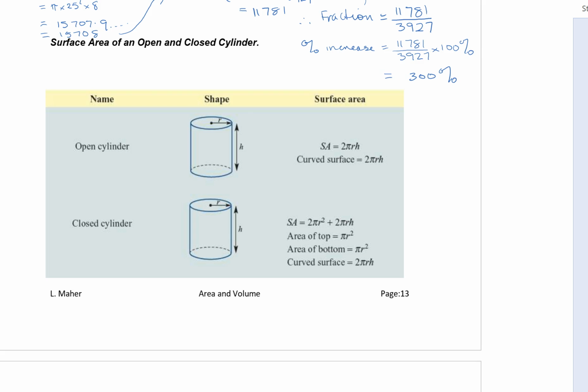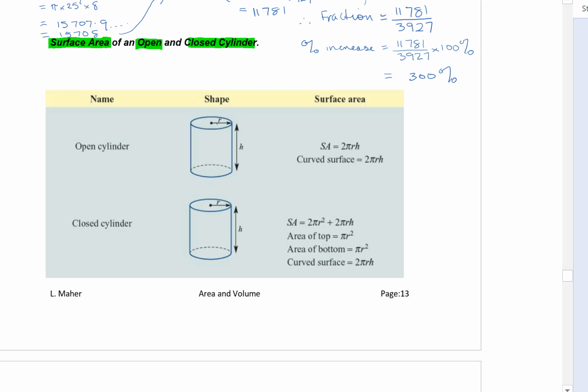Moving on then to the concept of surface area. We need to consider both an open and a closed cylinder. Now, some of you will know from stage 5 that when we're talking about area, we're talking about the shapes that make this solid.